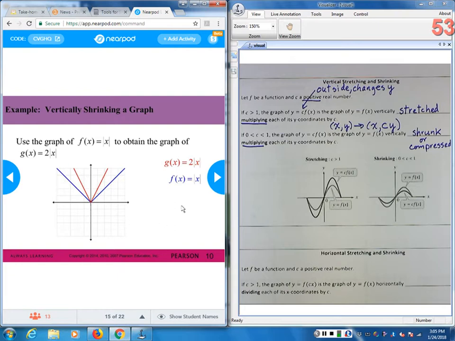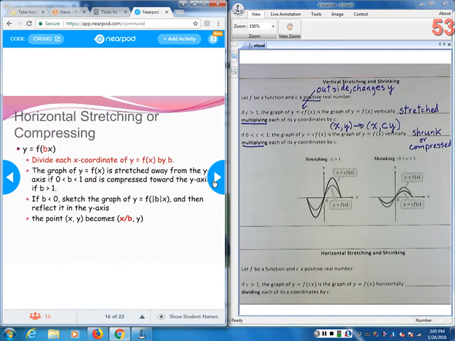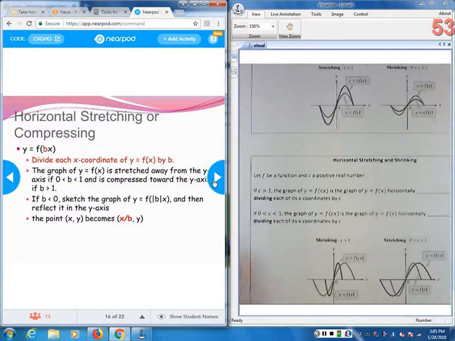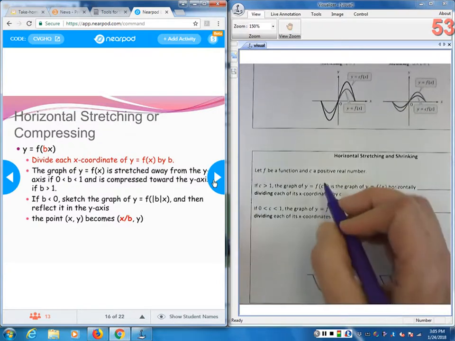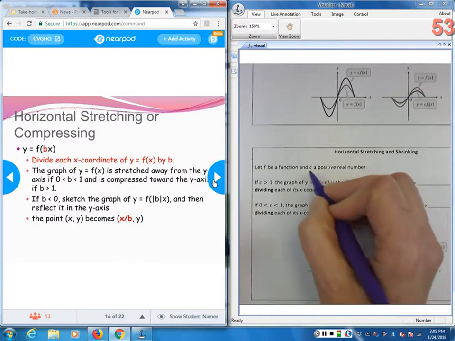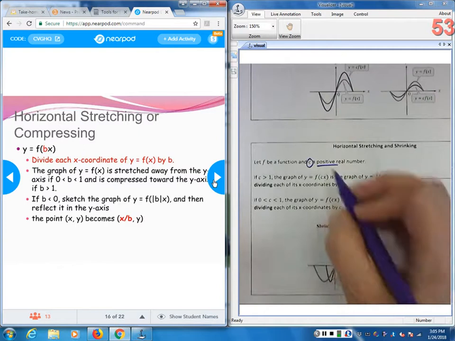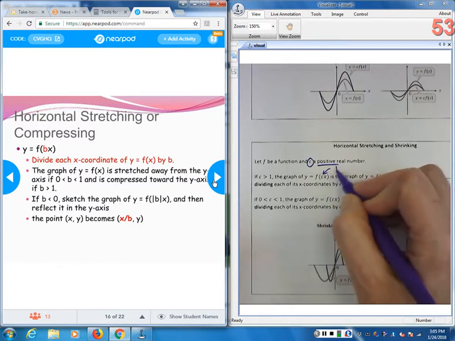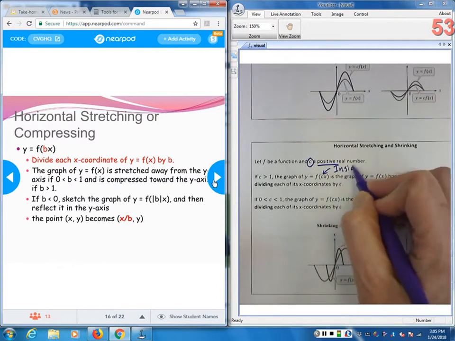It's a red line. Horizontal stretching or compressing, the next box: y equals f of C times x, where C is a positive real number. The C is on the inside, that changes x.